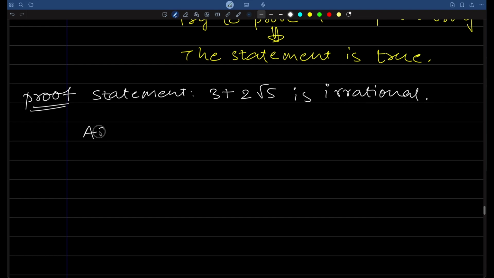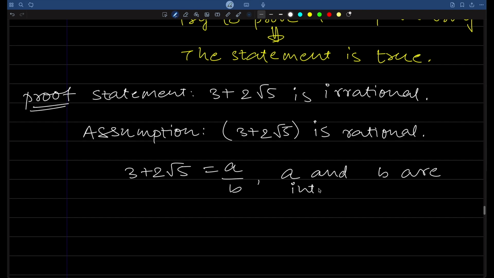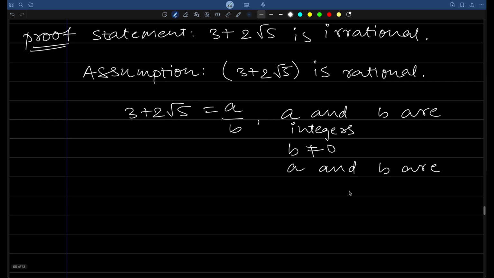We will assume that 3 plus 2 root 5 is rational, and hence we can write 3 plus 2 root 5 equals a divided by b, where a and b are integers, b is not equal to 0, and we assume that a and b are co-prime numbers.